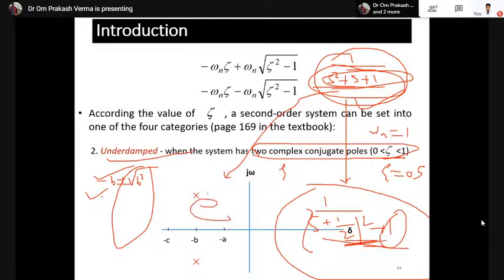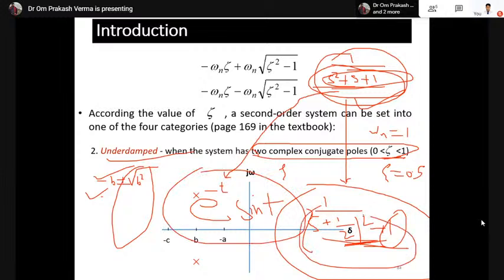Ultimately you will get a form like e to the power minus t sine t, because when you solve this type of Laplace inverse, this type of response will come.